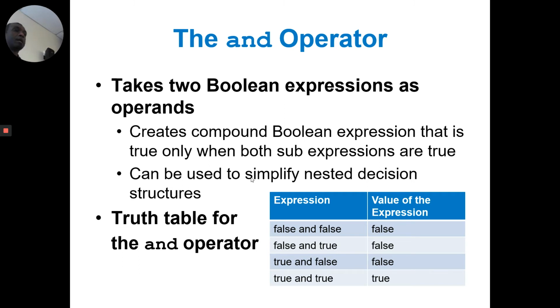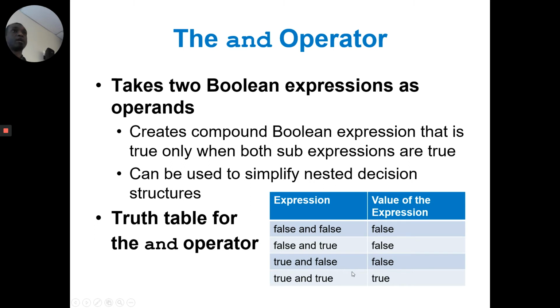Now you're filling out the form, and it says, "Are you a resident of the county?" If you say yes, then it will take you to the next question: Are you majoring in computer science? If you say no, then it becomes false, because remember that the AND takes both operands. It has to be true and true to give you true.